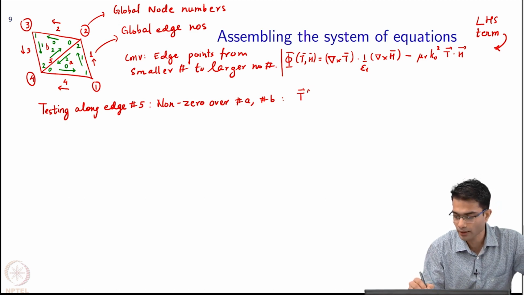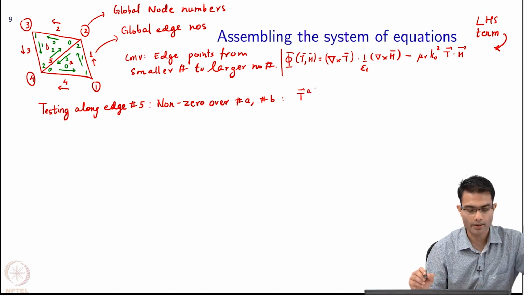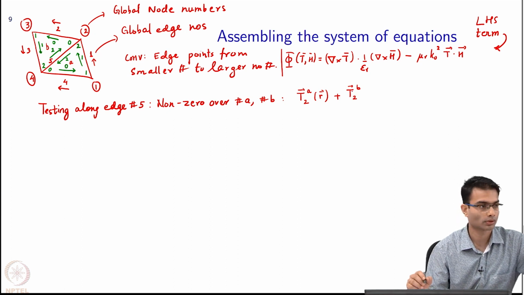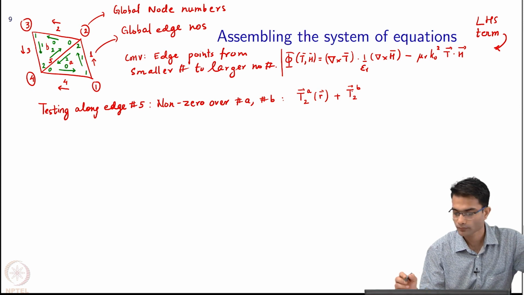Say element A, and local edge number 2, plus T of element B, local edge number 2, right.